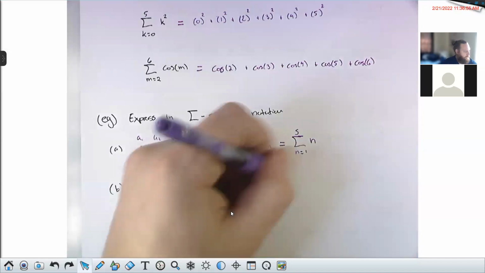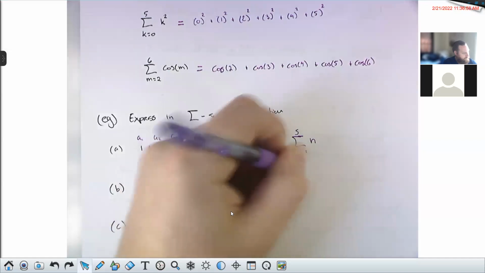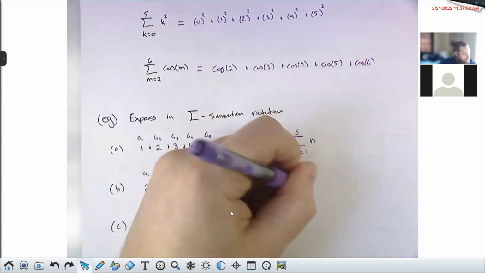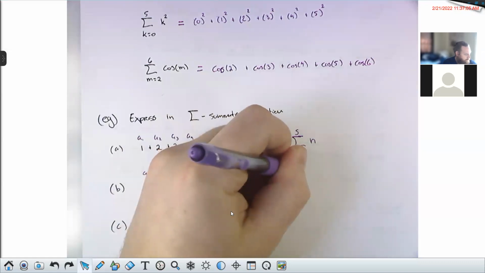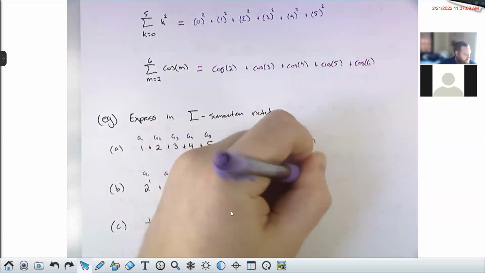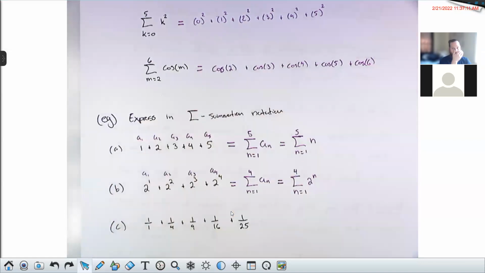So in general here, AN is 2 to the N. So the final answer for this one would be sigma n from 1 to 4 of 2 to the N. And like we said, if you were to begin with this and expand it out, that would start 2 to the 1, and then plus from the sigma, 2 to the 2, plus from the sigma, 2 to the 3, and you keep going until you get to 4.